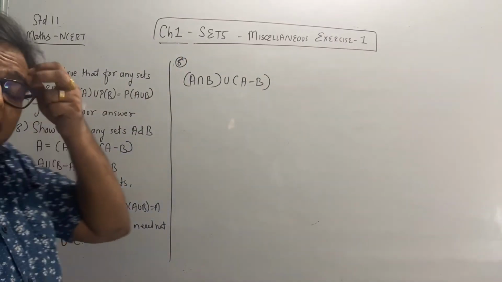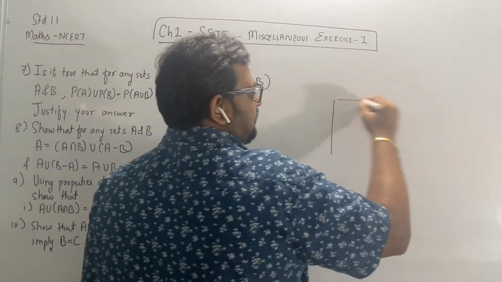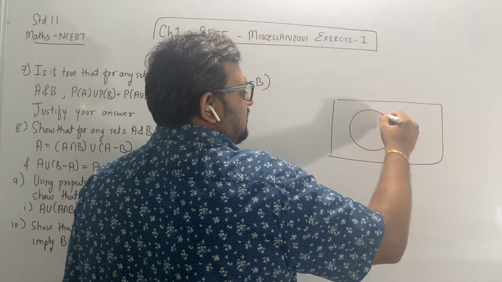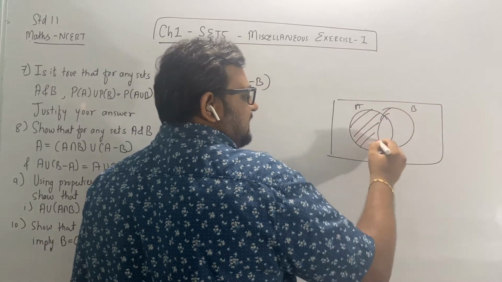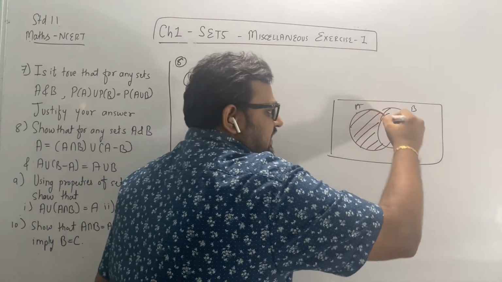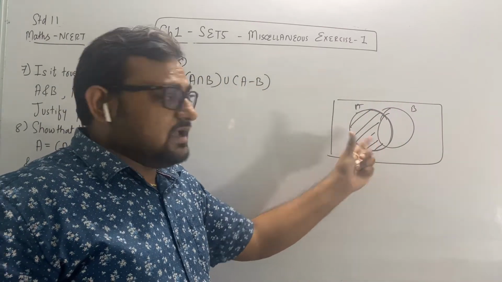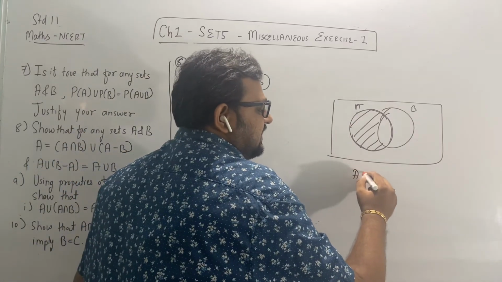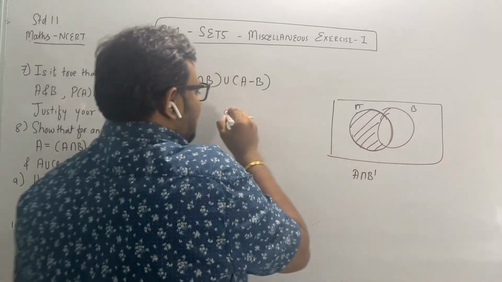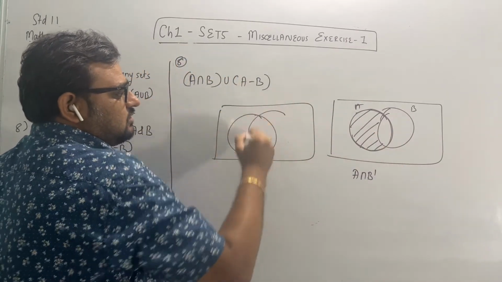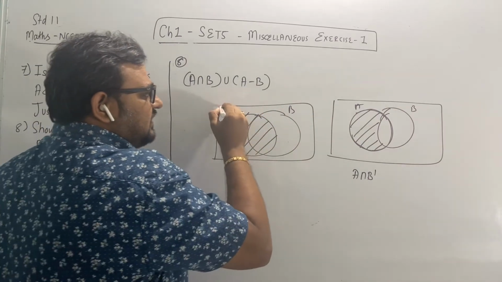A minus B can be written as A intersection B complement. See how? This is A and this is B. So this region is A minus B. This was complete A, from which we eliminate B. Now I can also write this as A intersection B complement. If I draw it here, this is A. What is B complement?